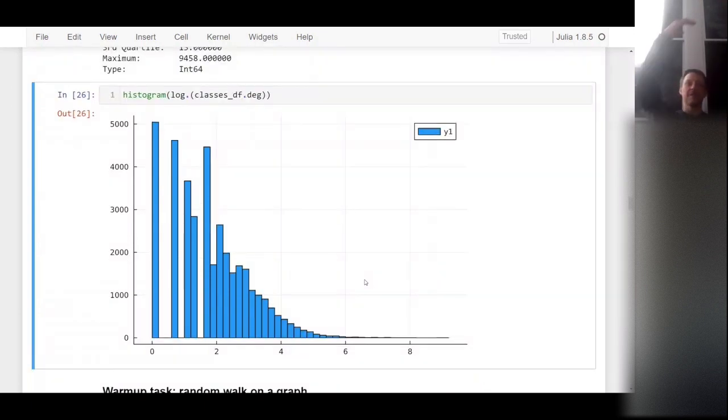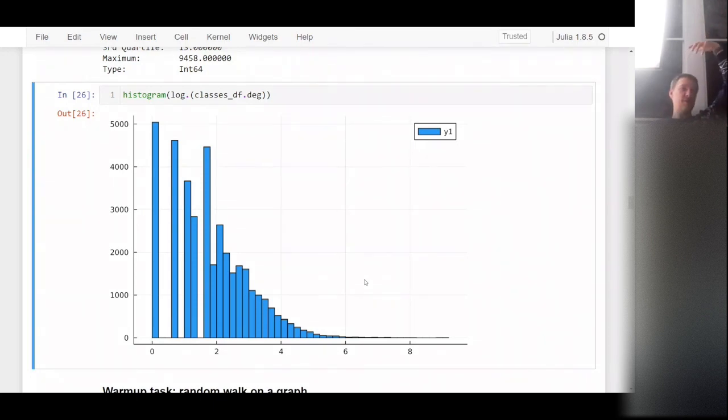So such graphs that have such a long right tail of degree distribution, and this is something you can check statistically, I will not cover this today, but typically they can be verified to follow a so-called power law degree distribution. And this power law degree distribution is very often encountered in social networks.